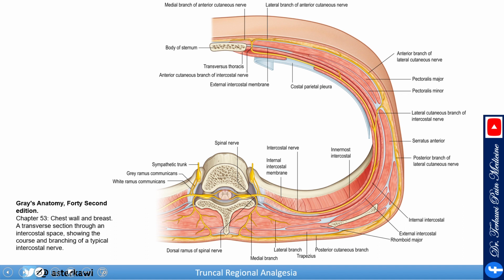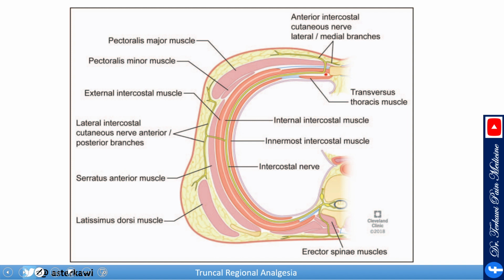This illustration put it all together with the muscles, so it's another important slide to save. As I said, there is some controversy where the lateral branch bifurcates to anterior and posterior, but most of the references, at least in regional analgesia and anesthesia, say it goes through the serratus anterior.